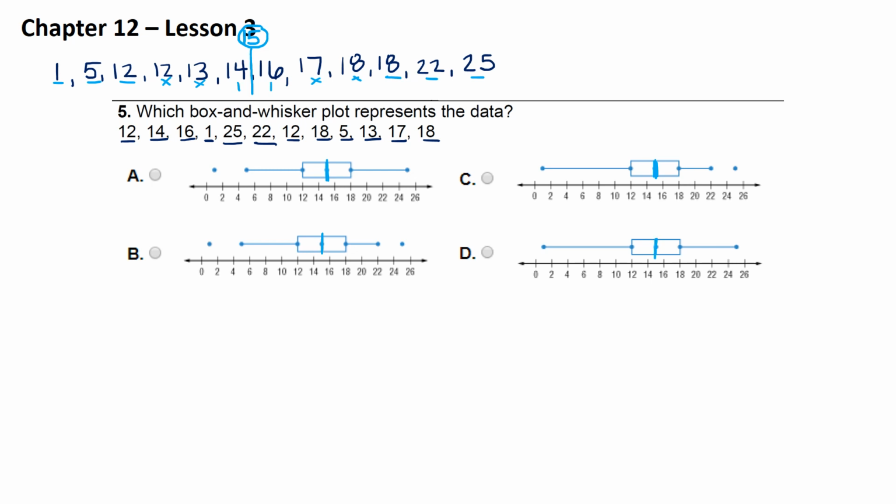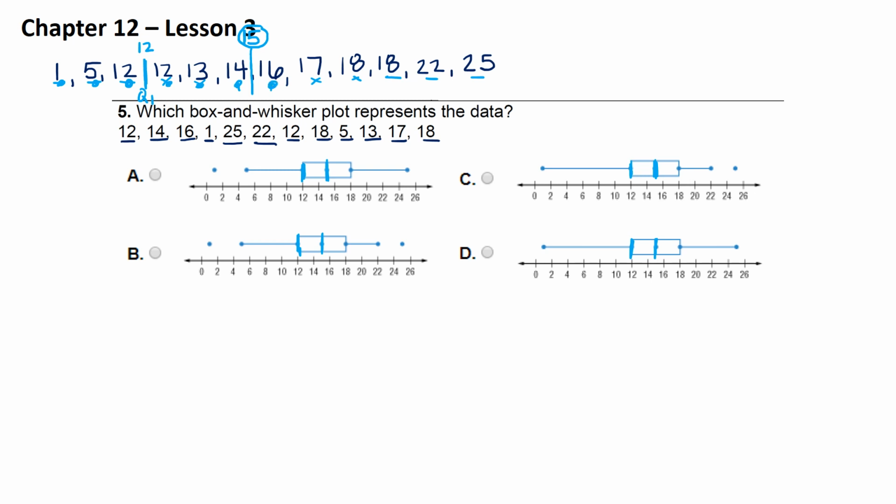Let's find the middle of the lower half. Left, left, left, right, right, right, middle. So that's going to be 12 for quartile 1. And A has 12 for quartile 1. So does B, so does C, and so does D. All right, let's find the middle of the upper half.